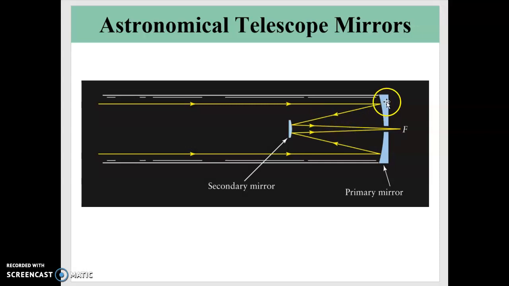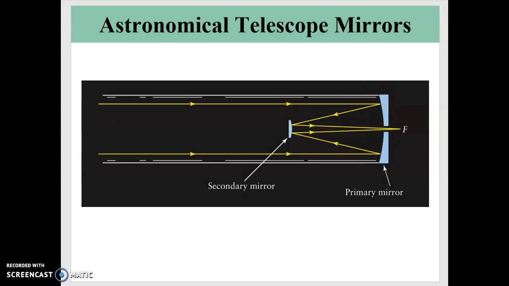Now, one fundamental difference between most astronomical mirrors and the mirrors that we were just talking about is the shape of this curvature here. The shape of this curvature for astronomical telescopes is not spherical. It's actually parabolic.